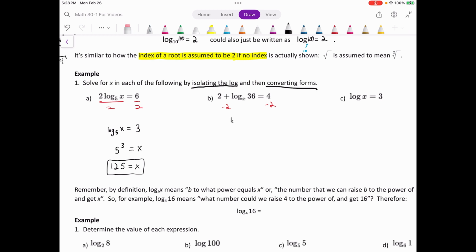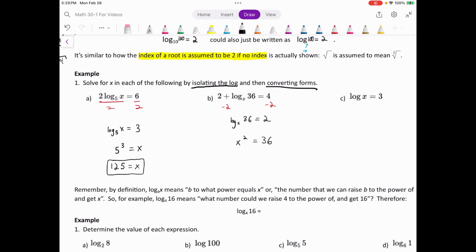That's going to give me log base x of 36 equals 4 minus 2, which is just 2. And here we go. Now I can say x to the power of 2 equals 36, right? That's all this is saying. So x squared equals 36.